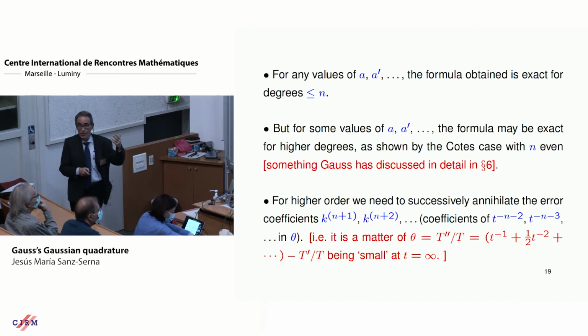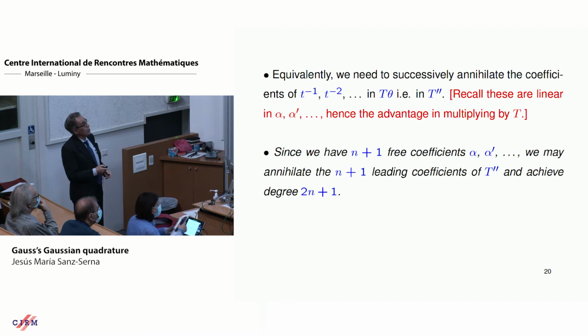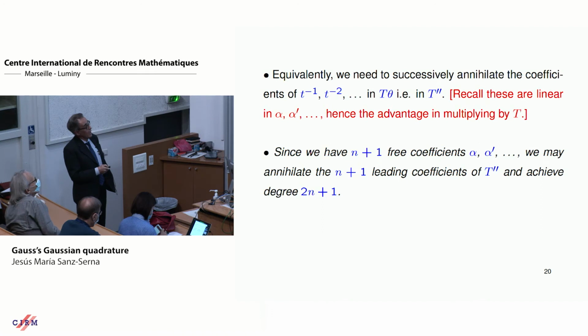So everything has become a problem in what we now would call a Padé approximation. So he multiplies across by t to have a linear problem, as we would do today. And then he notes that we have n+1 free coefficients that are the coefficients in our polynomial t.